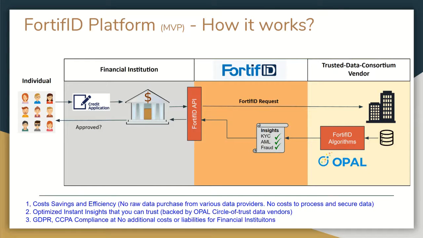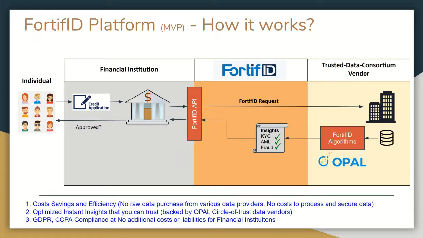And so when it comes to how this MVP would actually look, the current MVP would focus on no raw data transfer, and the way that this would be possible is by using open algorithms in order to translate this data into information insight.